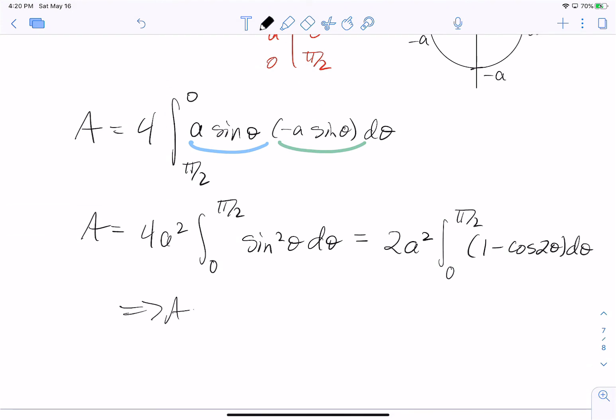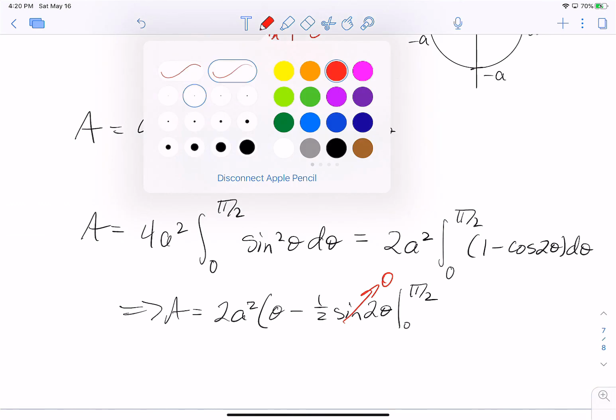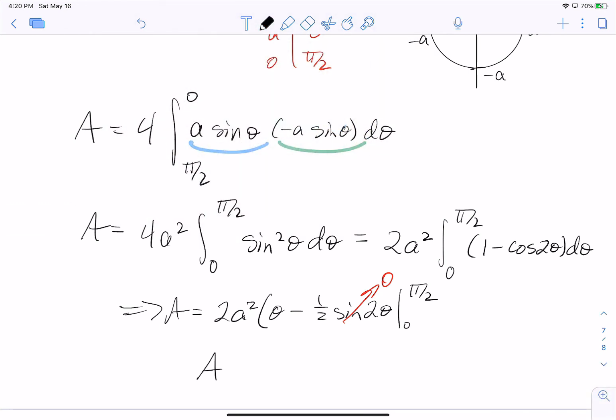And so A is equal to 2a squared times theta minus 1/2 times the sine of 2 theta evaluated from 0 to pi over 2. As before, the sine values are both 0, and when we plug pi over 2 in place of theta, we get that A is equal to pi lowercase a squared.